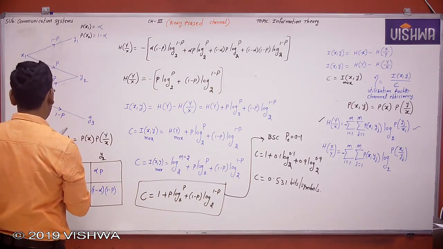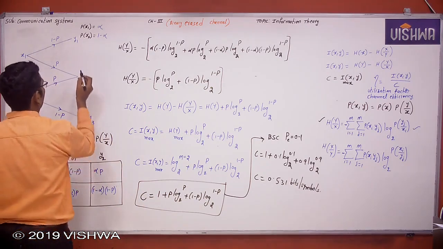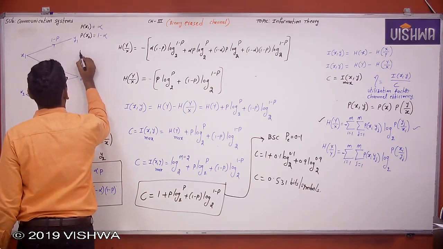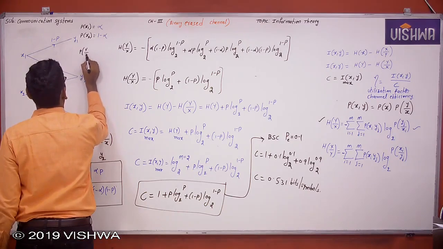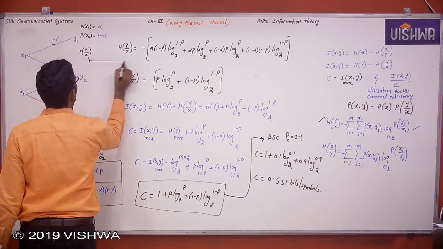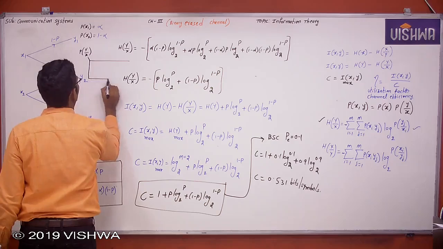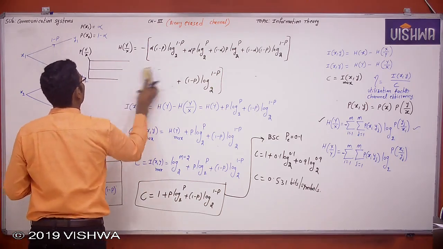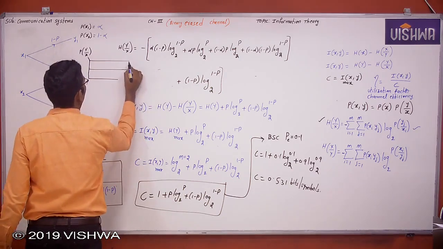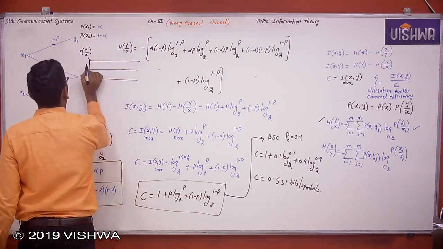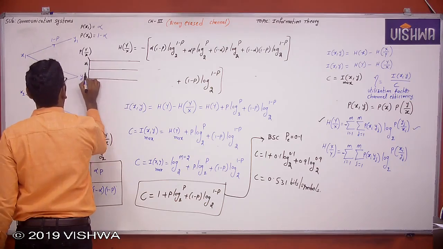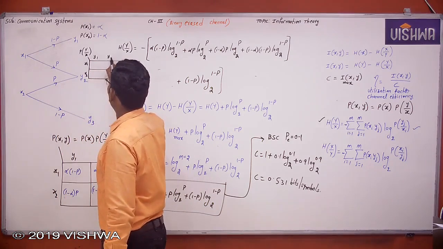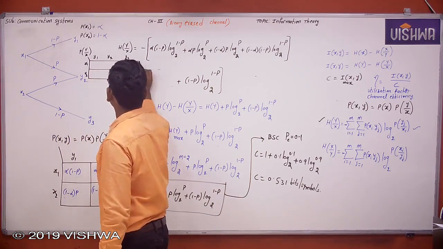Now what is the conditional probability? The conditional probability here is P of y given x. Here we are transmitting only two symbols, x1 and x2, but receiving three symbols, y1, y2, y3.